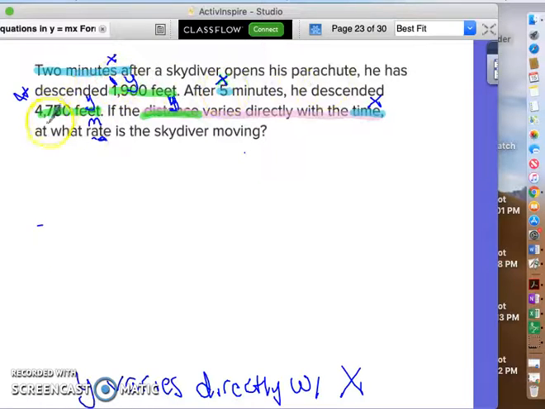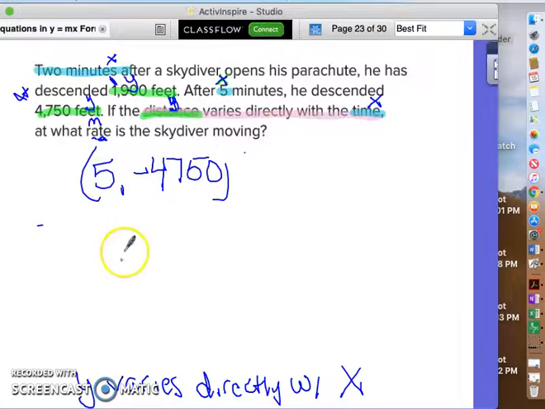Same with 5 minutes and 4,750 feet. So if I write an ordered pair, 5 minutes, 4,750 feet. And then I can find out the rate. If they're asking for the rate, that is going to be my m.